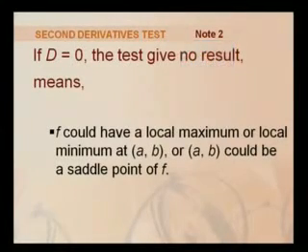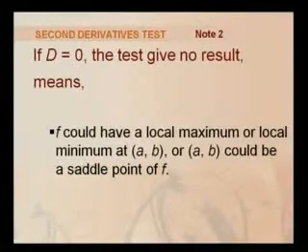Another important note: what can we say about the cases? The first case is D greater than 0 and fxx greater than 0. The second case is D greater than 0 and fxx less than 0. D less than 0 is the third case. And now the last case, when D is equal to 0, the test gives no result.